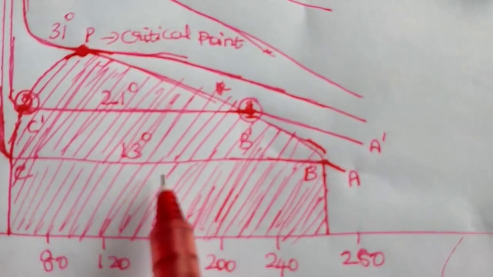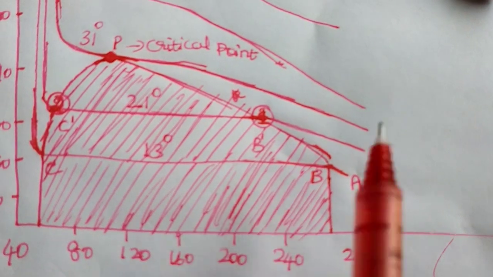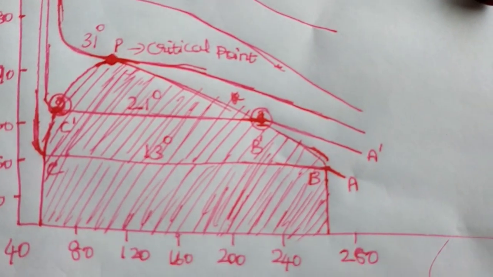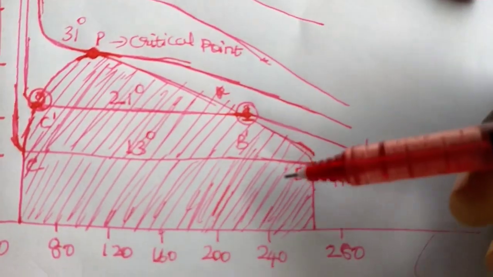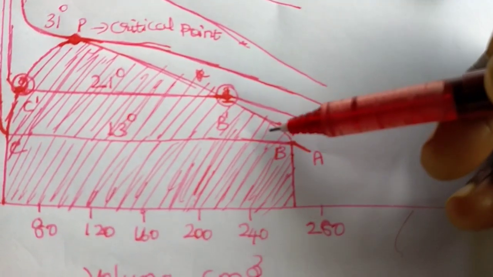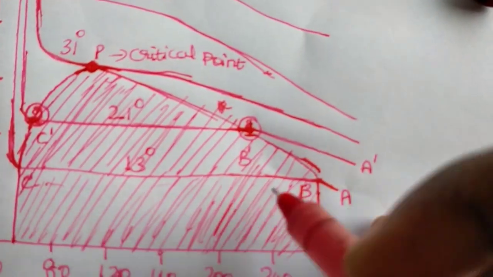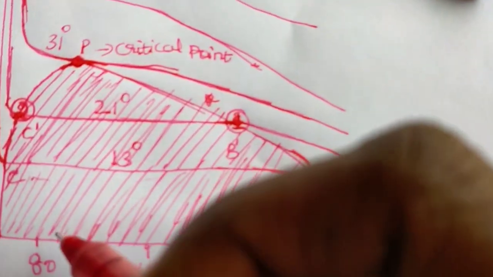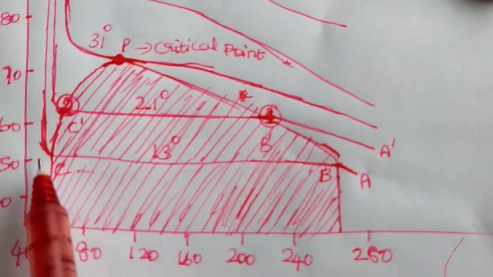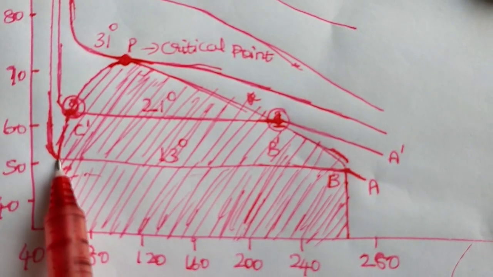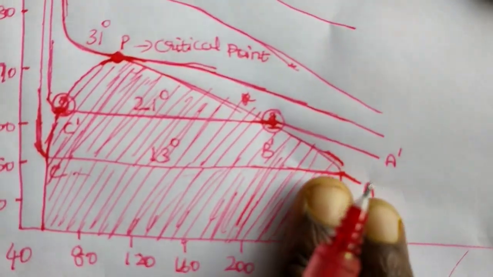So in this path B to C, the liquefying of the gas, or liquefaction of carbon dioxide gas, both carbon dioxide gas particles and liquid particles travel along this isotherm. When this carbon dioxide reaches point C, the volume is really reduced.